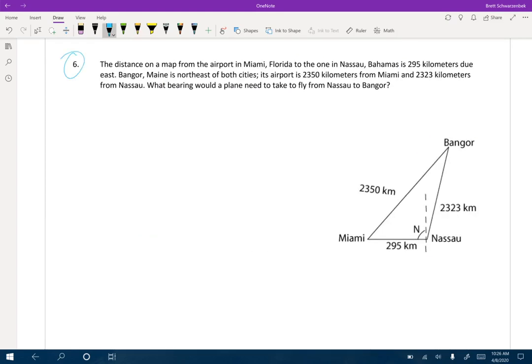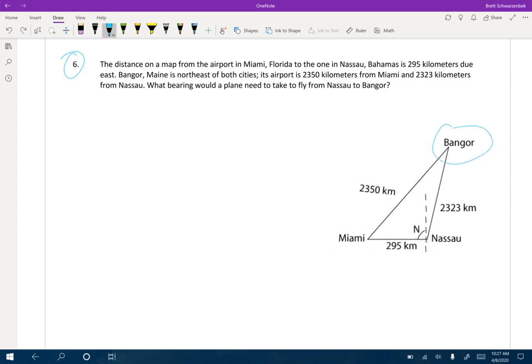It says the distance on the map from the airport in Miami, Florida to the one in Nassau is 295 kilometers. Okay, due east. So we basically did a perfect east setup here, Miami to Nassau. It says Bangor, Maine is northeast of both cities.